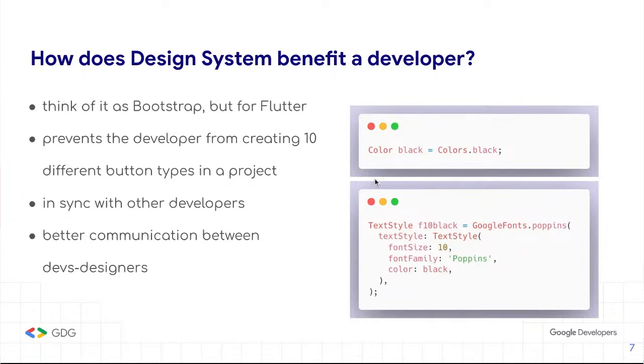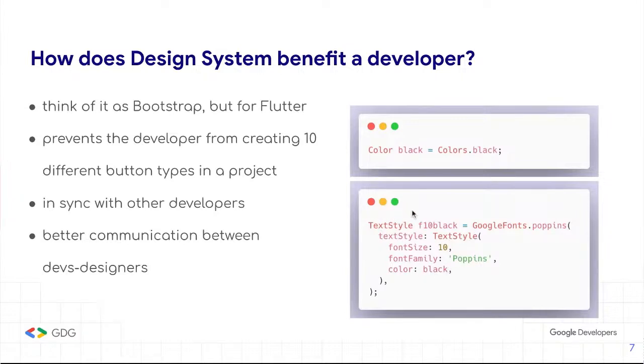And if you see here in the image, I have defined a color which says color black equal to Colors.black. And then I'm going to use that black color in one of the text styles, which is called F10 black. So when I just read F10 black, you should get a hint of what it is. It is a font of size 10, and that font is going to be of color black. So text style, font size 10, font family, it can be anything, again, as per your project. And the color is going to be black.